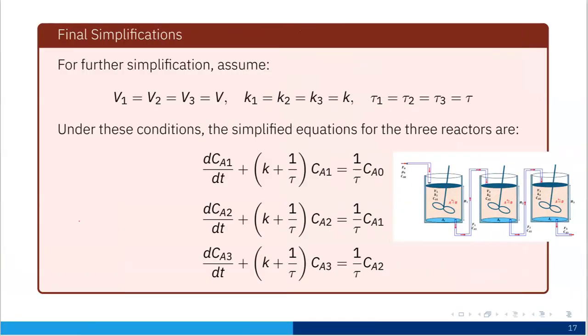Now we know that V1 is equal to V2 is equal to V3, K1 is equal to K2 is equal to K3 is equal to K, and tau1 is equal to tau2 is equal to tau3 is equal to tau.